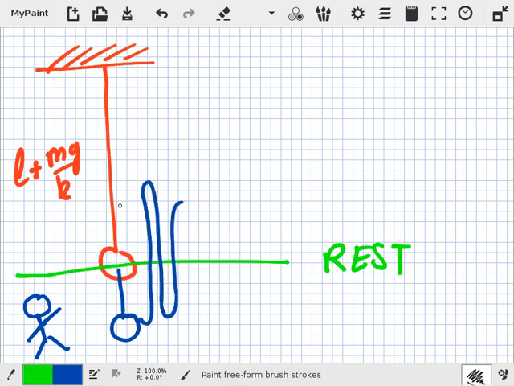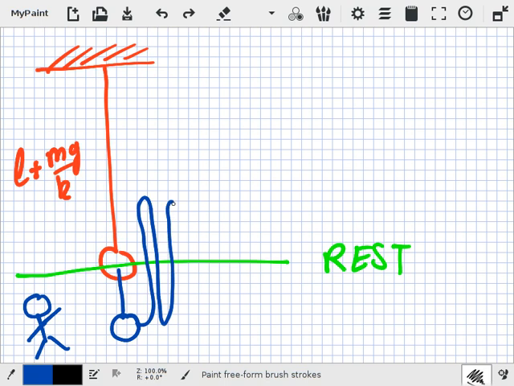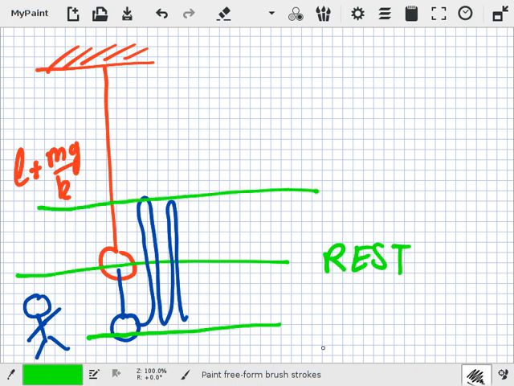As it's moving between here and here, this is A and this is minus A, the amplitudes.